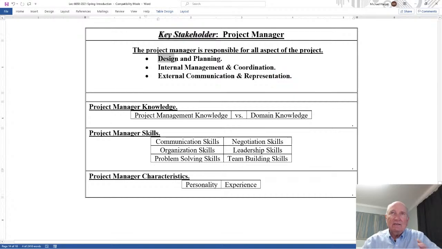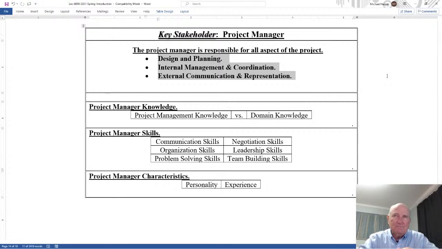So the design and plan up front, the coordination and management internally during, and the communication and representation. All three of these are key to manage, and there's where the project manager is a key stakeholder within any project.